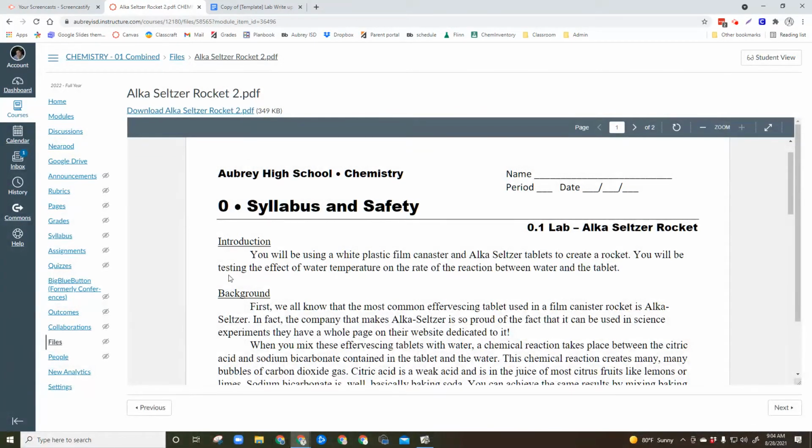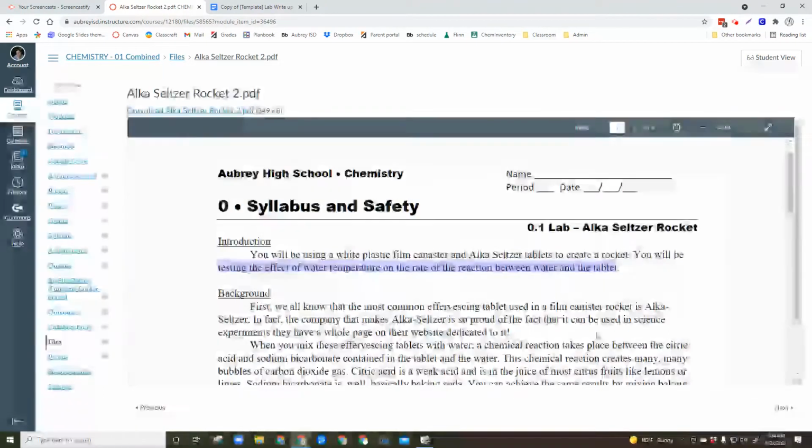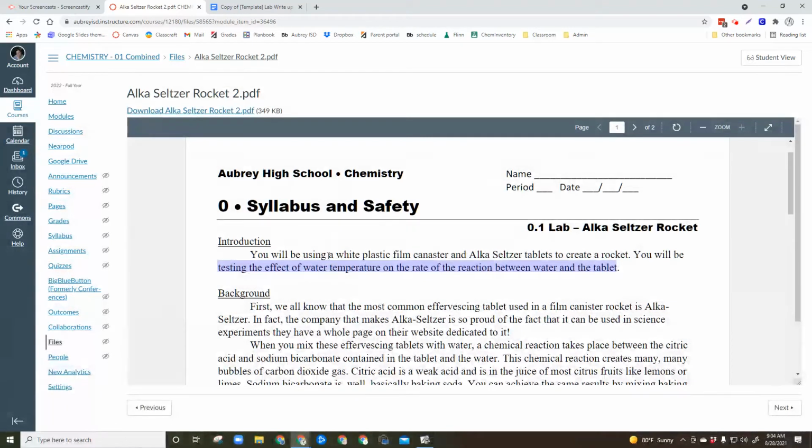You will be testing, here it is, the effect of water temperature on the rate of reaction between water and the Alka-Seltzer tablet. So there's our purpose. Do we have a dependent and independent variable? Yes, the effect of water temperature on the rate of reaction in the tablet.